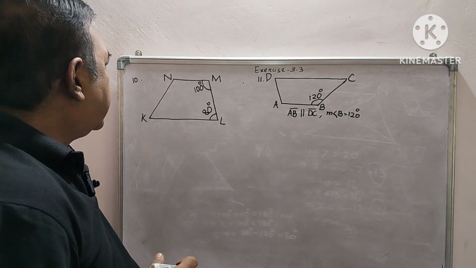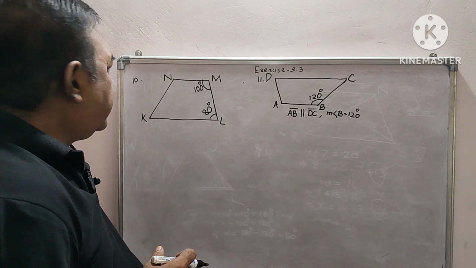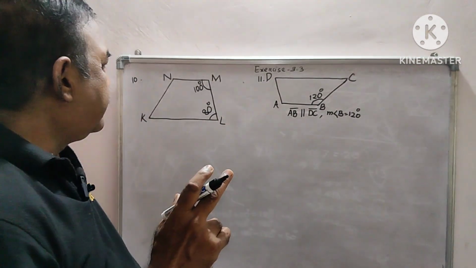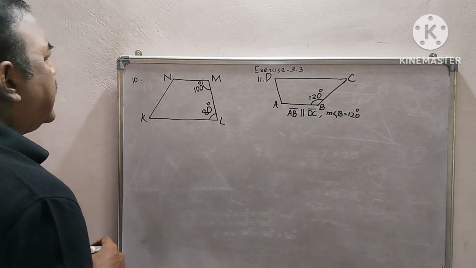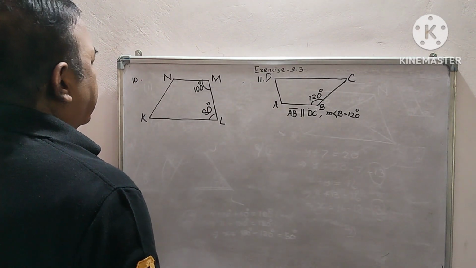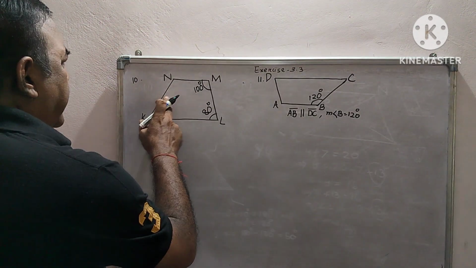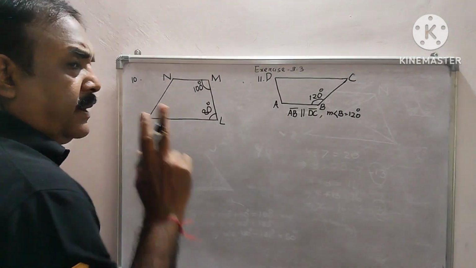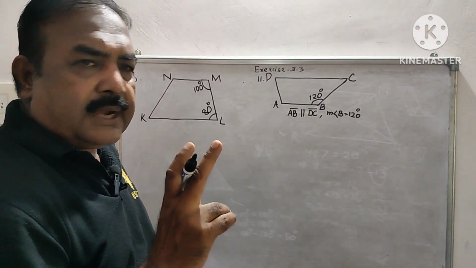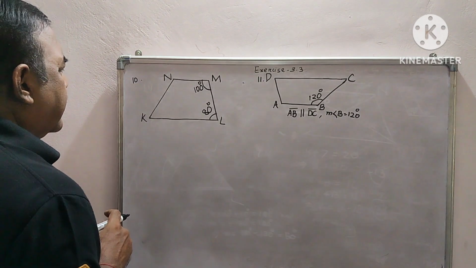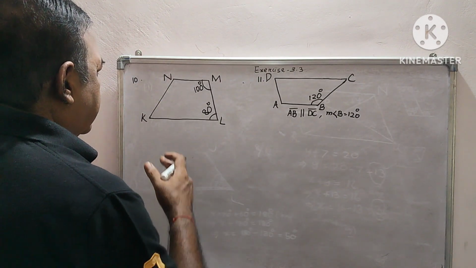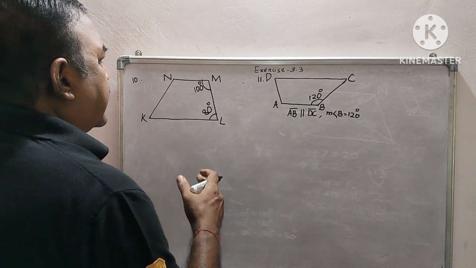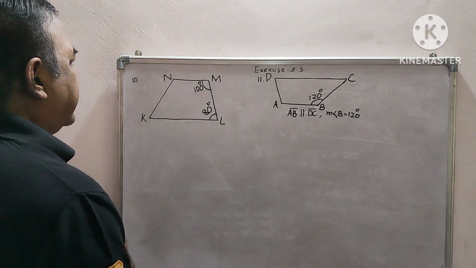A trapezium is a quadrilateral with a pair of parallel sides. One pair of opposite sides are parallel, but there are two pairs of opposite sides. We know that one pair is parallel, but we do not know which side is parallel to which opposite side.